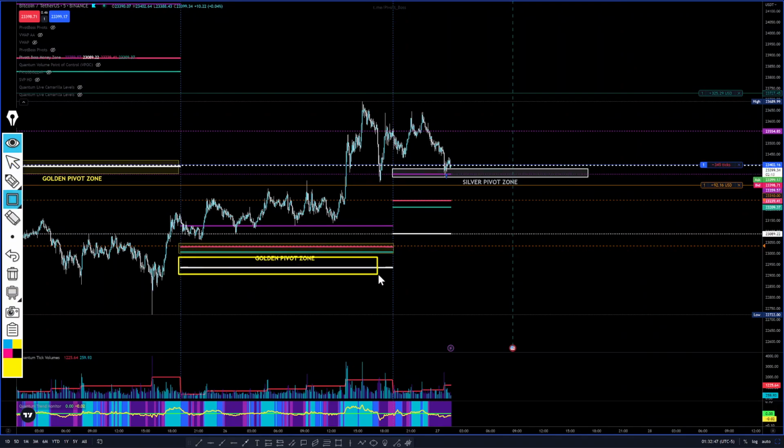This is the value area low, that white line. This purple line is the value area high, and these central two lines right here, that's the POC level. The reddish-pinkish one is the upper POC, and the green one is the lower POC, right? So that's basically the POC level, the point of control, right?